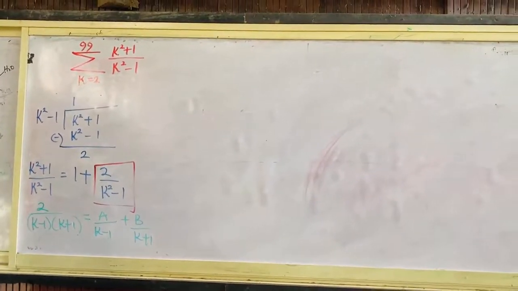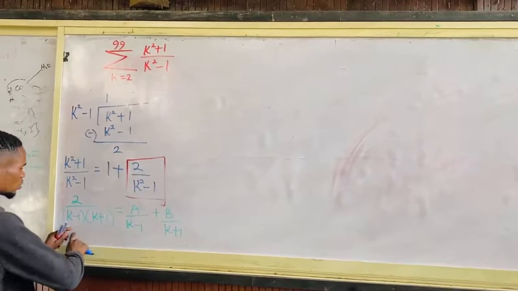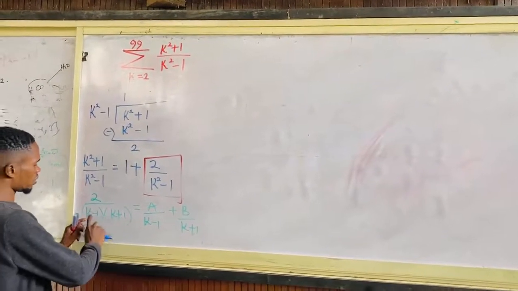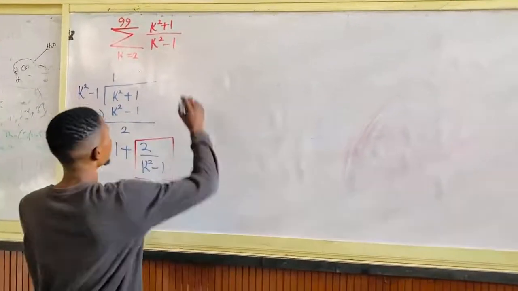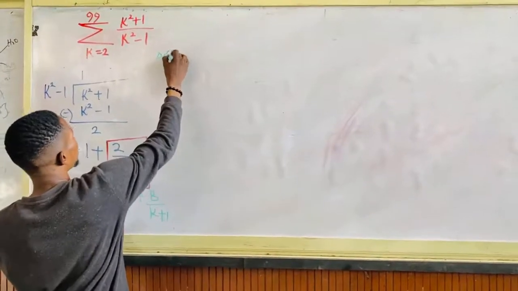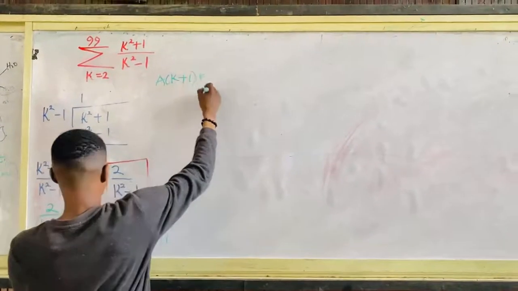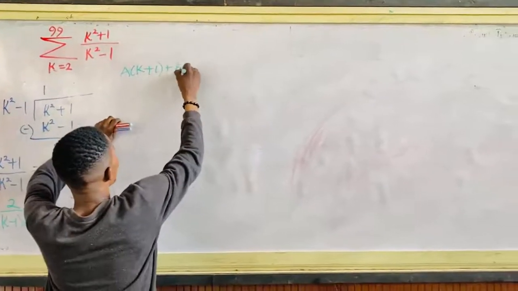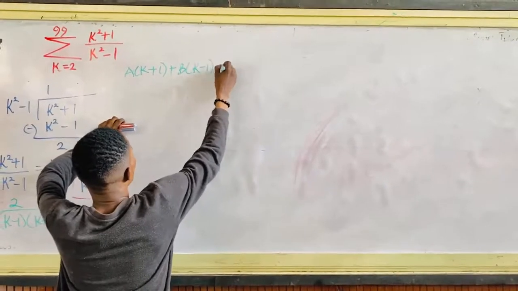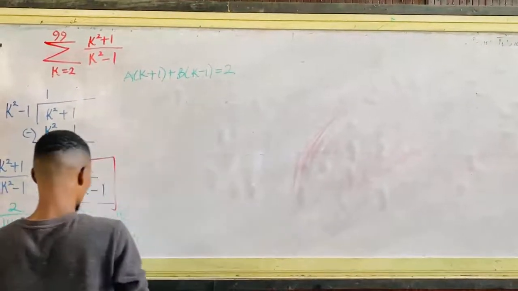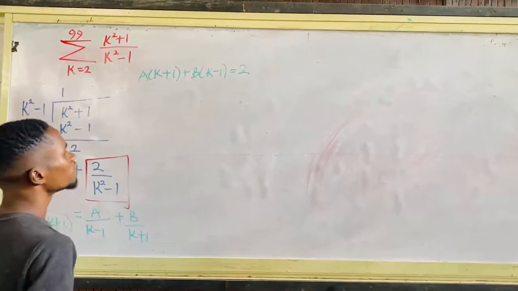If we multiply all through by k minus 1, k plus 1, you get A into bracket k plus 1 plus B into bracket k minus 1, which is equal to 2. Now how do you find the values of A and B?